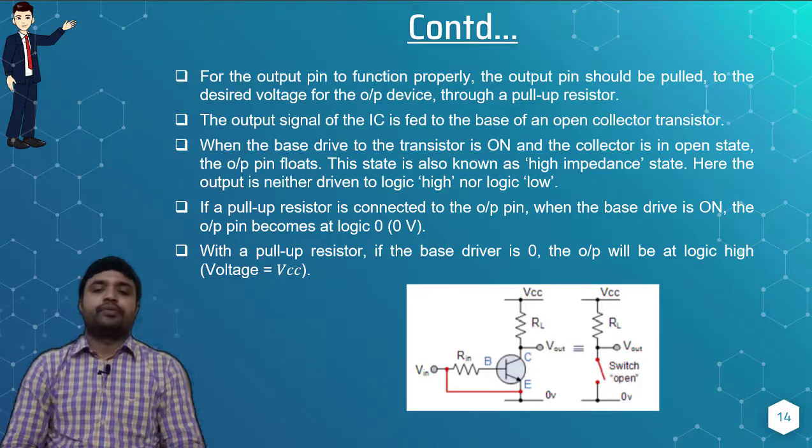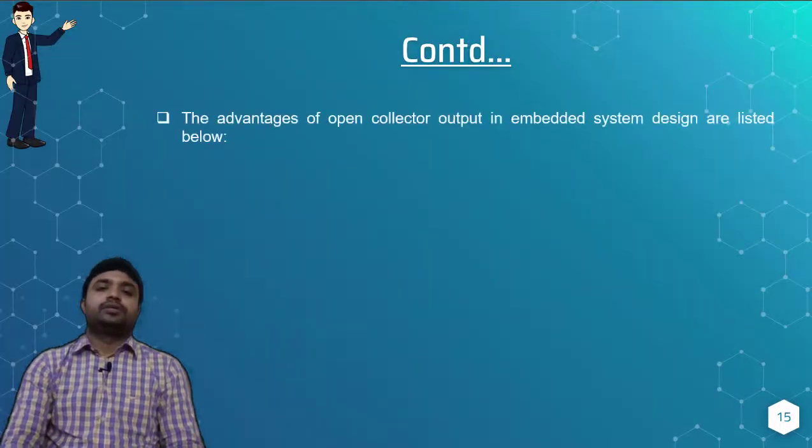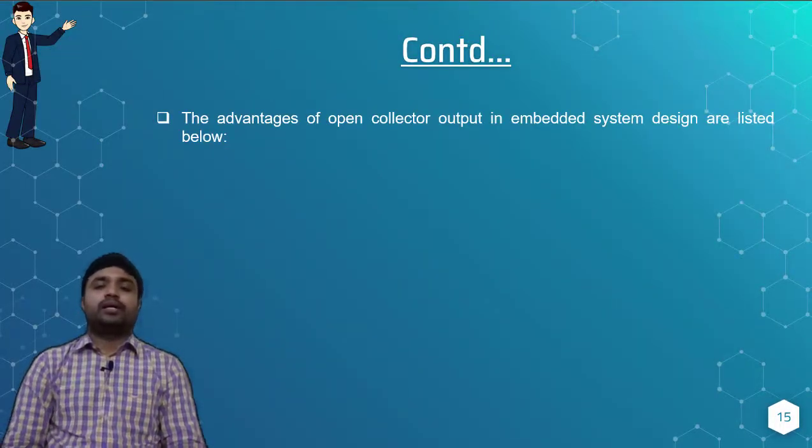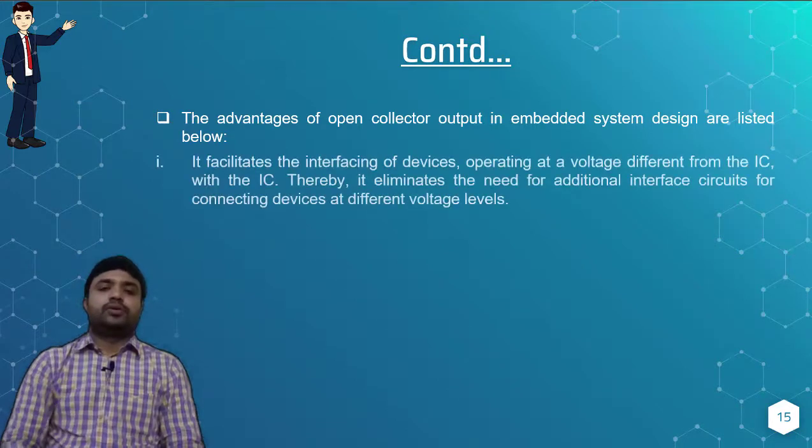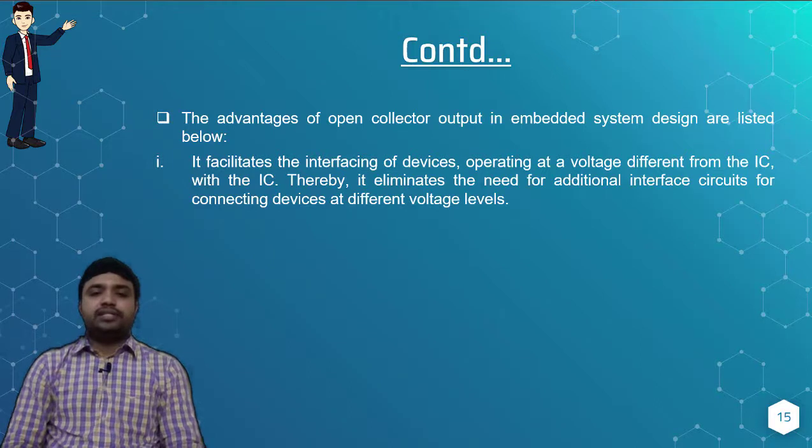Next, the advantages of the open collector output combination in embedded system design. The first one is that it facilitates the interfacing of devices. That means it provides an advantage of interfacing between devices operating at a voltage different from the IC.